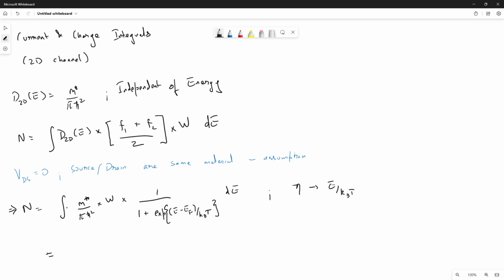If I divide it by W, then what will this quantity be? Number of electrons per unit width. Now this integral here actually takes into account the channel length also, in a sense. So when I divide by W on both sides, what I will actually have is the surface charge density.